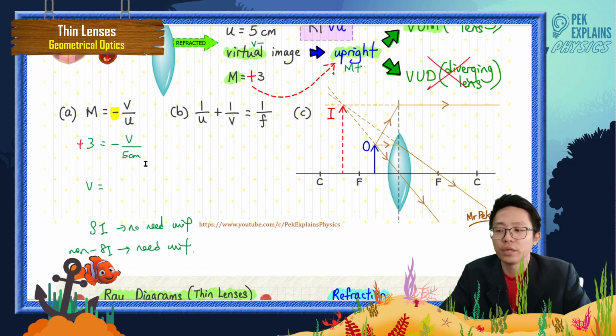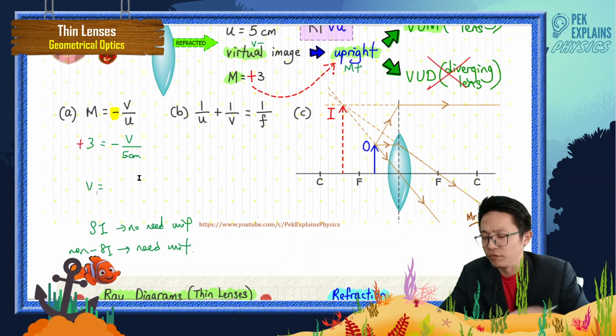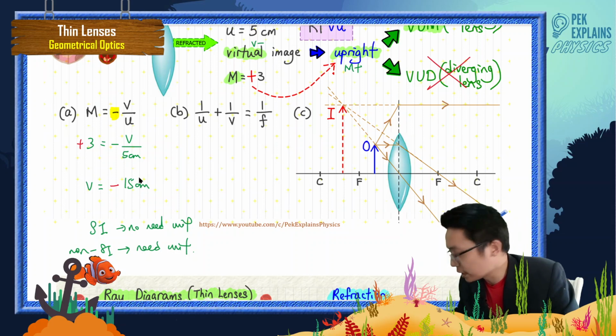So if you are using non-SI unit, make sure during calculation you substitute the non-SI unit cm, not just the value. The calculation must have unit, the final answer must have unit. So I get v equal to negative, my answer is 15 cm. v is equal to negative 15 cm.